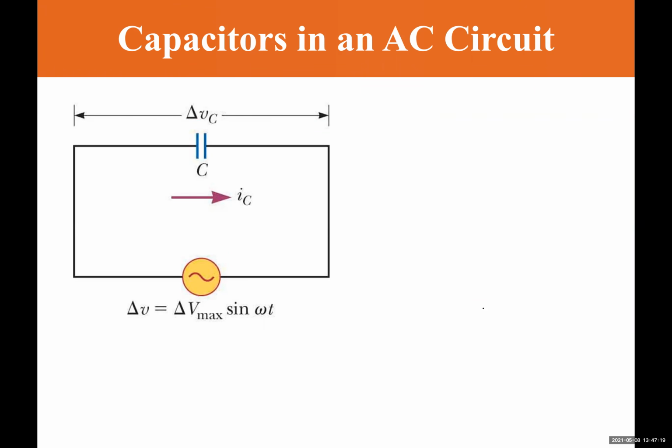A capacitor behaves in a similar way to an inductor, as we're going to see. When you have a capacitor, using the loop rule, we have delta V plus delta V of the capacitor equals 0.